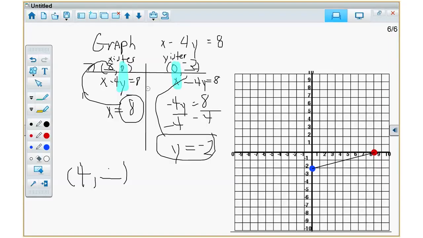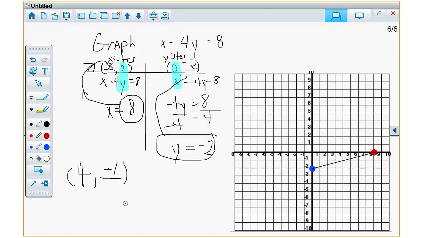You're going to get negative 4y is equal to 4. Divide by negative 4 on both sides. What do you get? y is equal to negative what? Negative 1, isn't it?